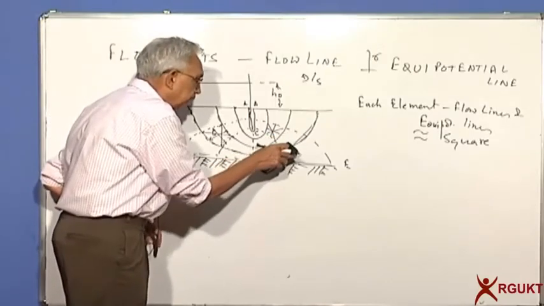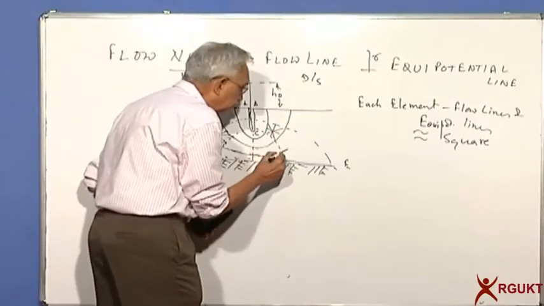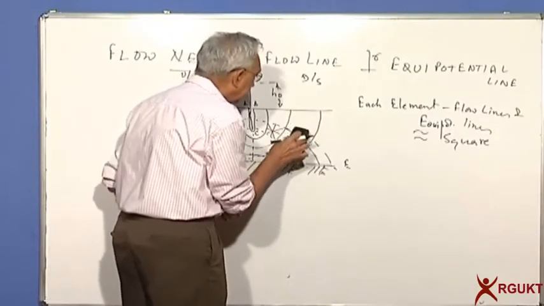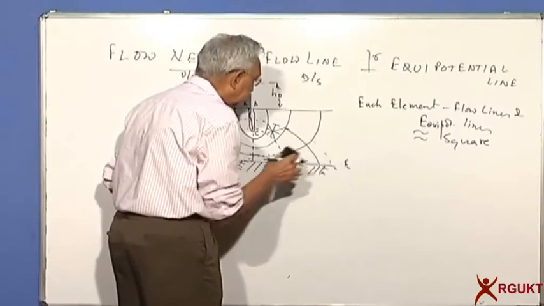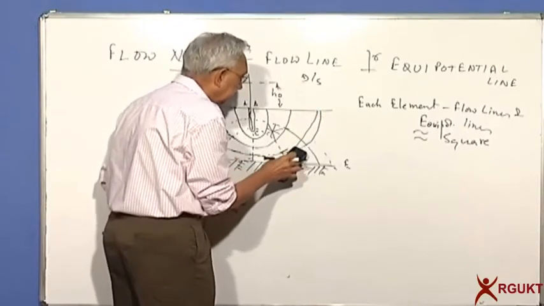So maybe when I'm doing this, I can always erase it and draw, and then I can change it this way. And now you can see this is somewhat better than before.